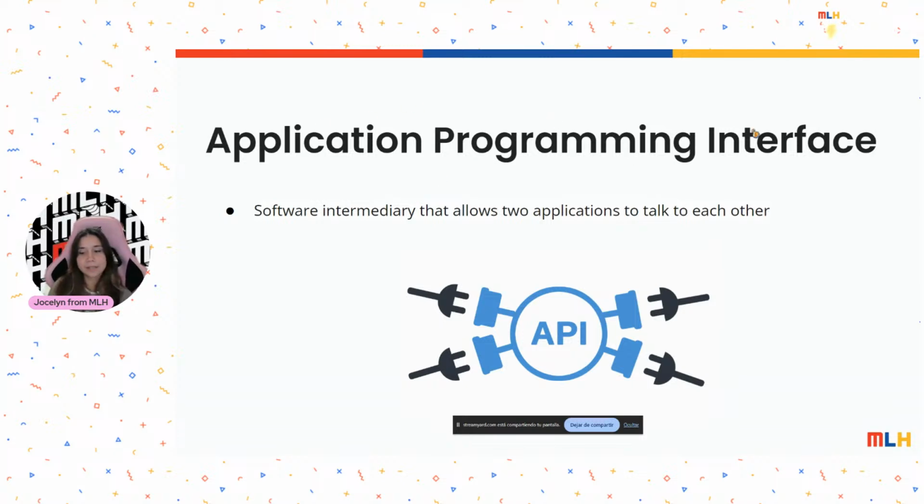Before I go deeper about what an API is, I would like to know what you actually know about this topic, or what you think this means to you in terms of programming. Let me know in the chat and I will be going through your comments in a while.